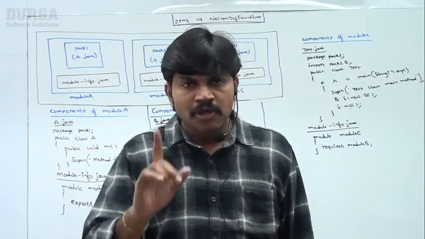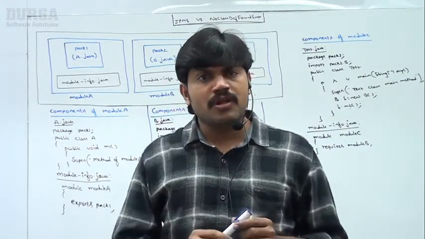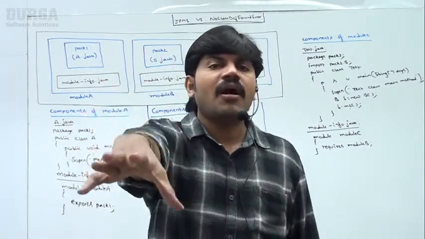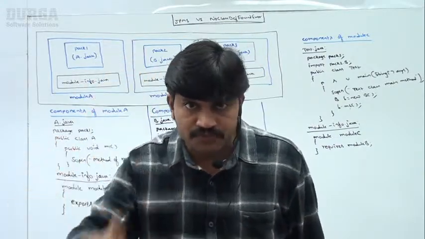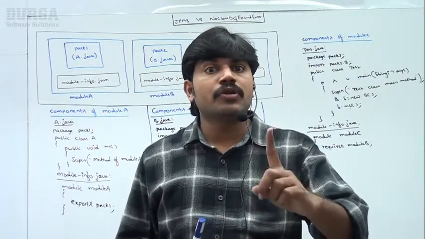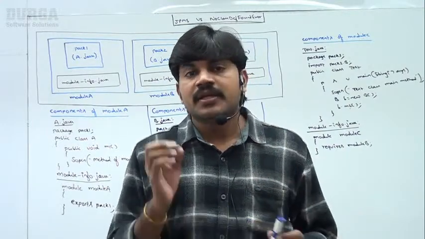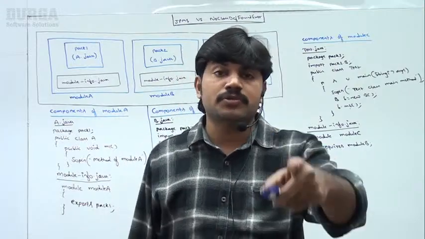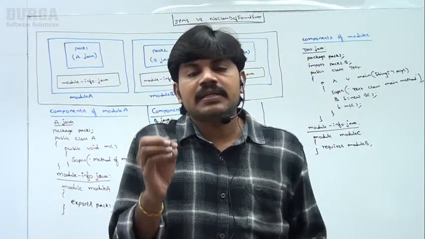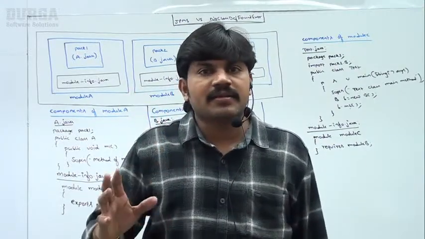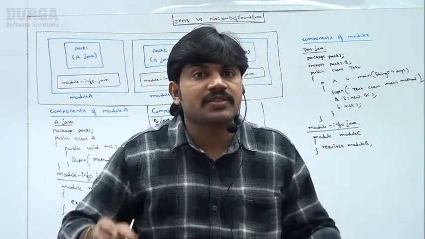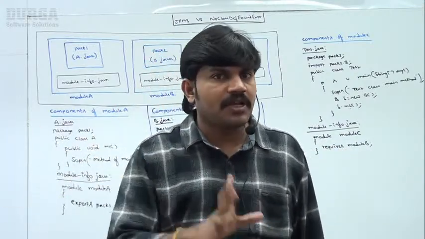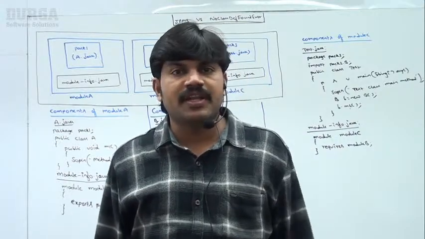But in modular programming, all dependency information you can specify inside module-info.java. Correct or not? Inside module-info.java, the dependent modules information you can specify. That's why at runtime, before starting our program execution, the JVM checks whether all dependent modules are available or not.